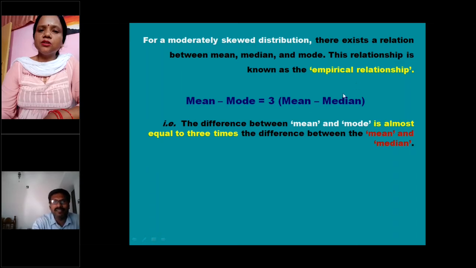This is nothing but the difference between mean and mode is almost equal to 3 times the difference between the mean and median. So this is the empirical formula between the 3 measures of central tendency, if the graph is moderately skewed.